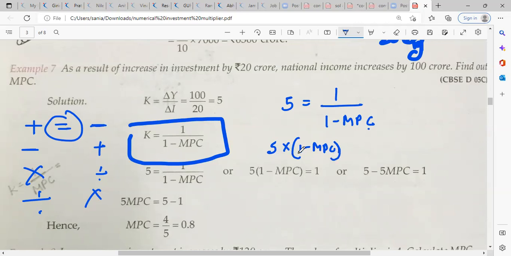Why have I put a bracket? Because you have two terms over here, one is 1 and one is MPC. So that's why you put a bracket, okay? And here what remains is 1, right? Now you will solve it. For example, this is A plus B, and over here is, for example, 5. Whenever you have two components inside a bracket, this bracket is like a home.